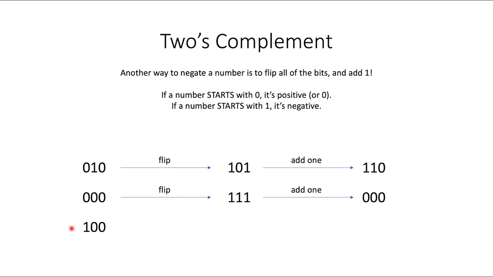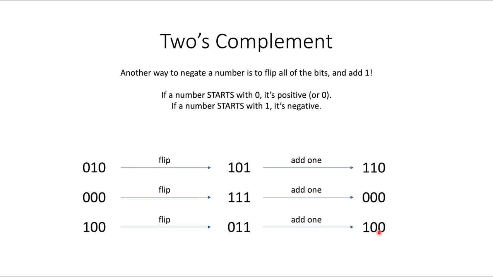Let's try another example. 1, 0, 0. So this is a negative number because it starts with 1. Let's compute what its positive equivalent is once we flip it. First you flip it and you get 0, 1, 1, and then you add 1 to this number and you get 1, 0, 0. But this is kind of alarming because we started with a negative number, negated it, and then got the exact same number.